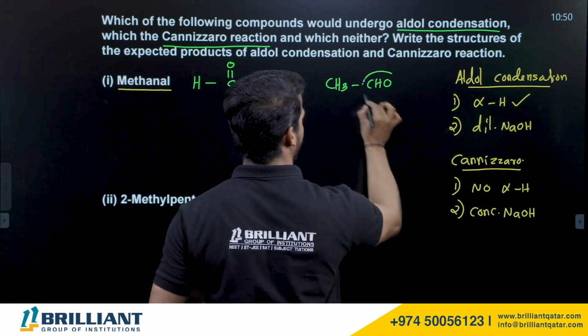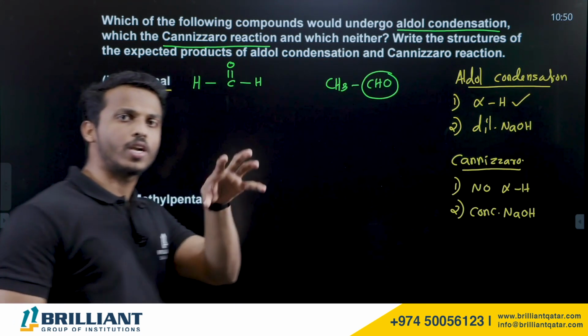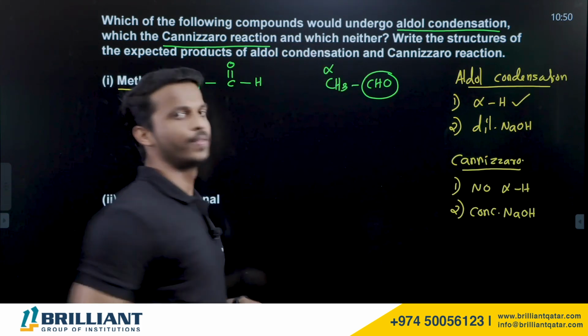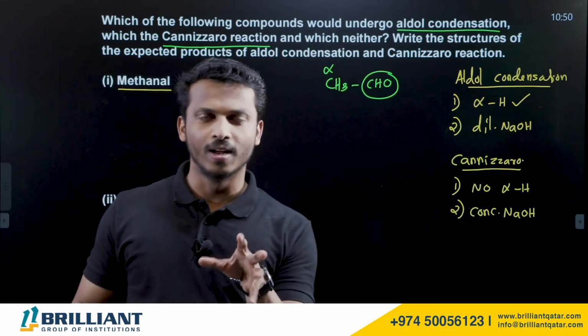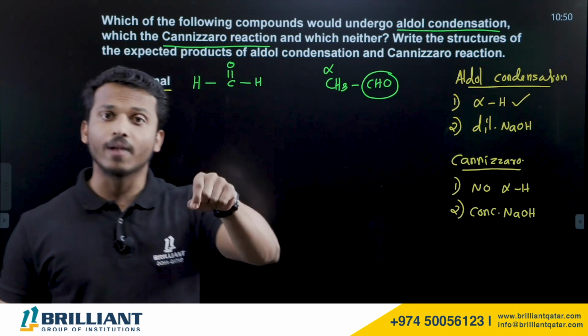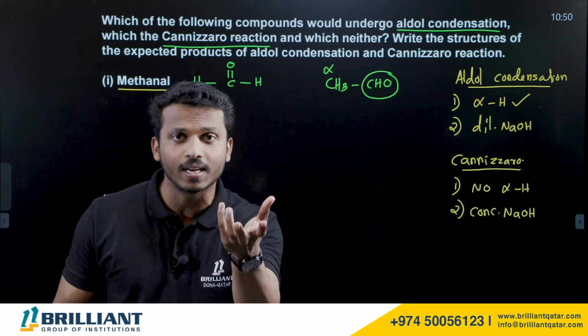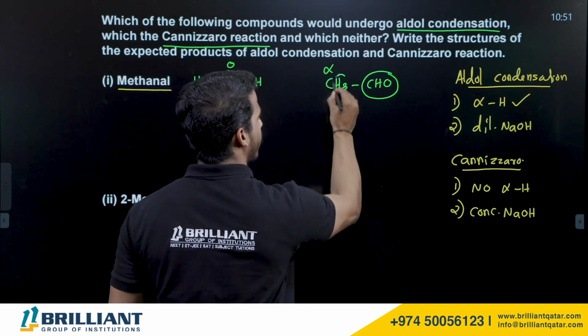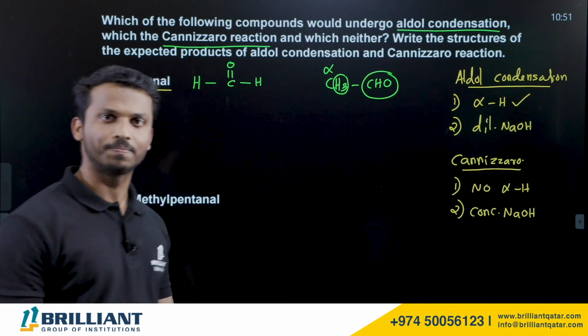Aldehyde. This is the functional group. The carbon directly connected to the main functional group is called the alpha carbon. On the alpha carbon, the hydrogens are called alpha hydrogens. On the alpha carbon, you can see 3 alpha hydrogens are there.